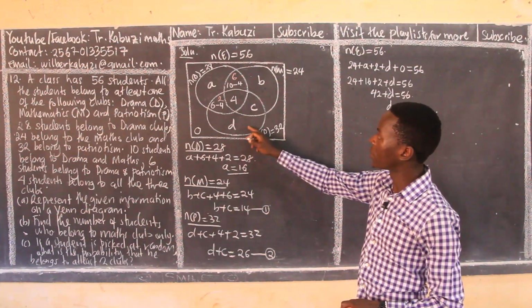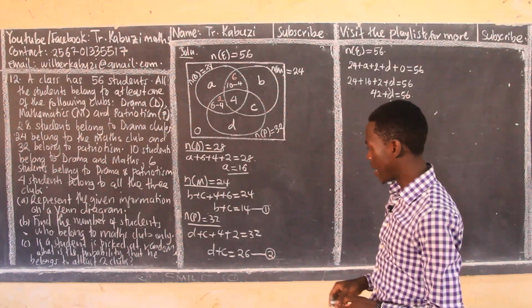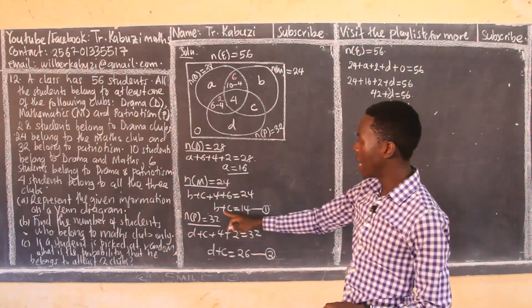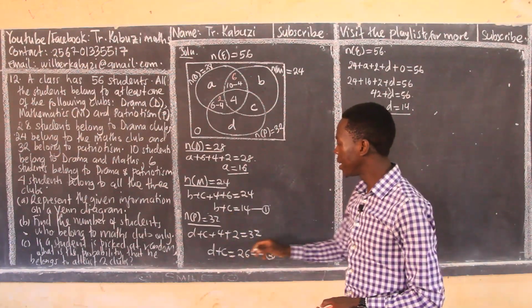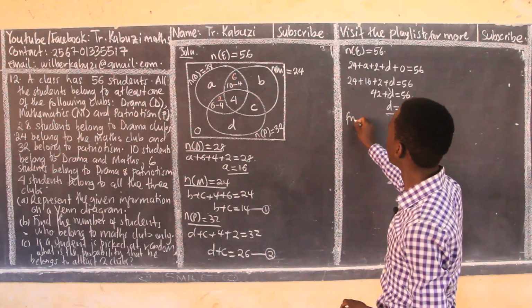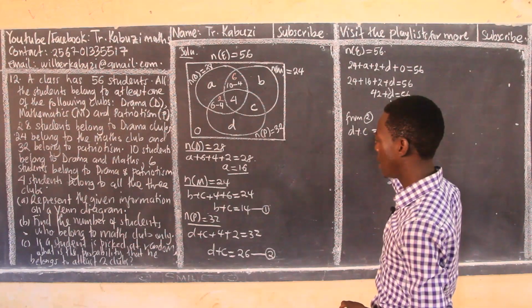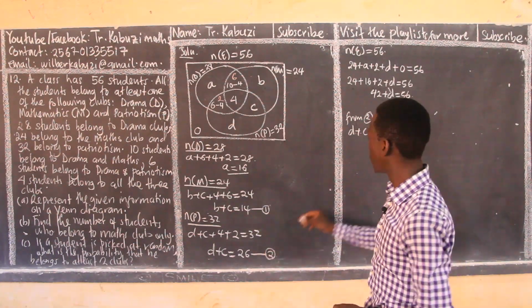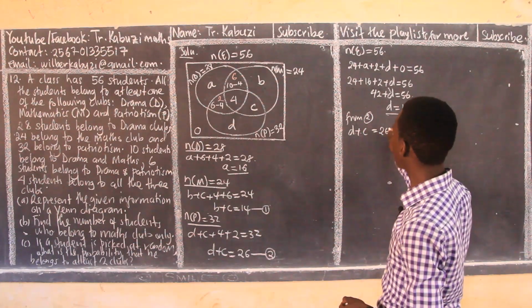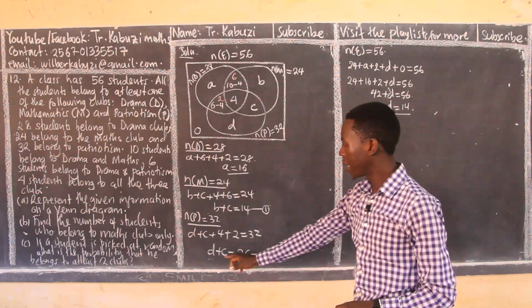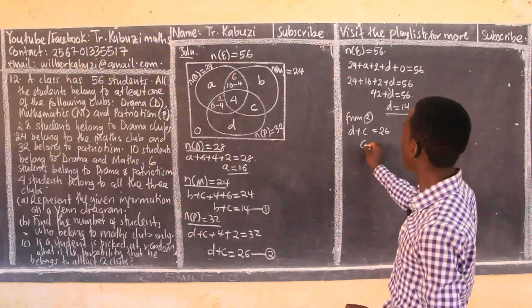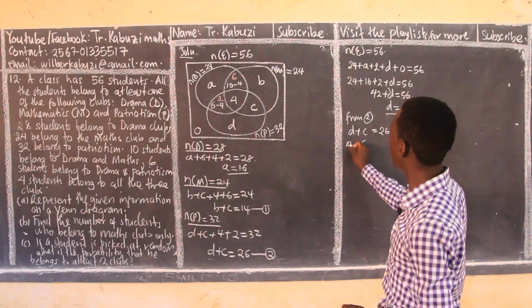But my interest is not to get D, they wanted that only. So from here I see I have B and C. So from 2, my D plus C equals 26. Now, can I get the C? My D from here is 14.